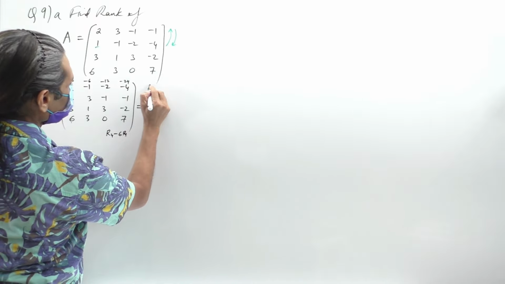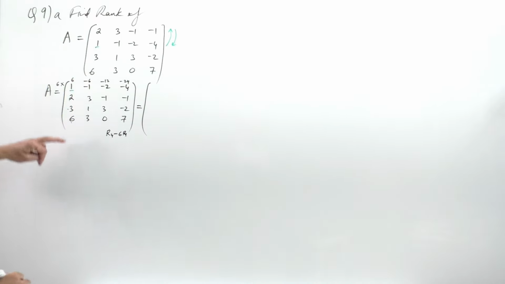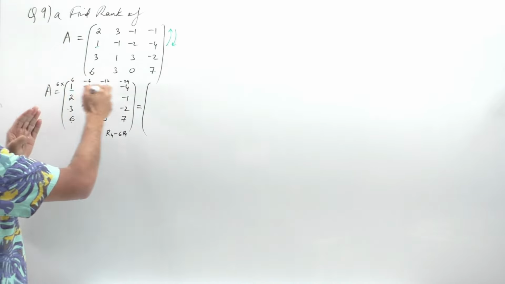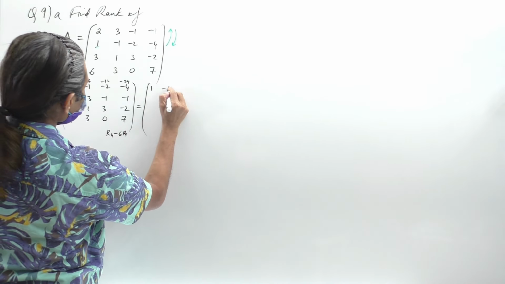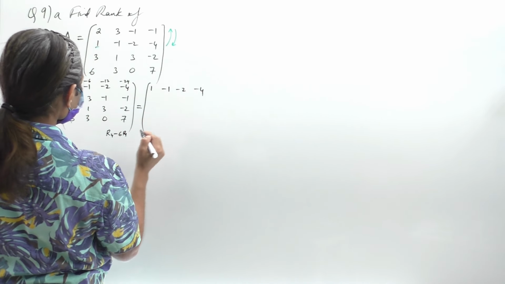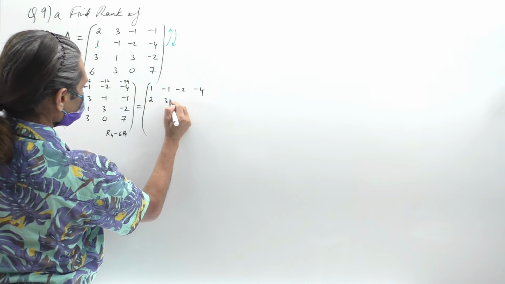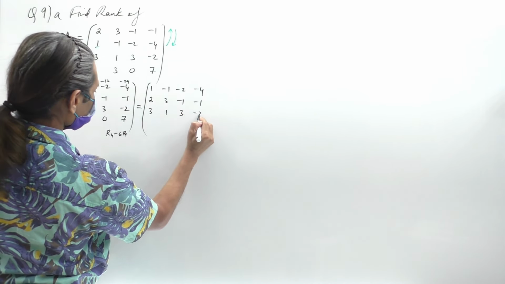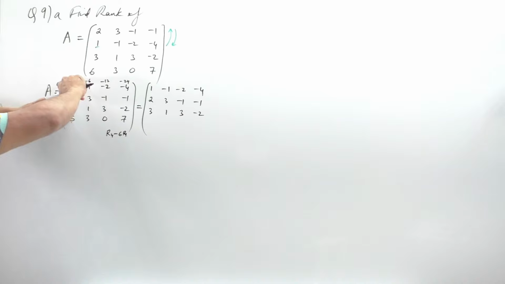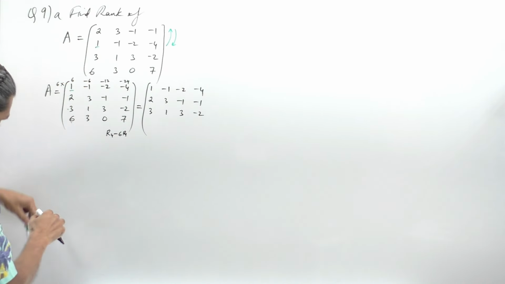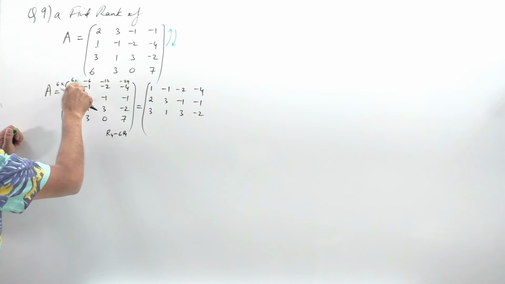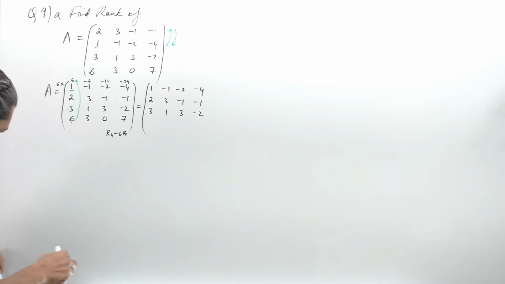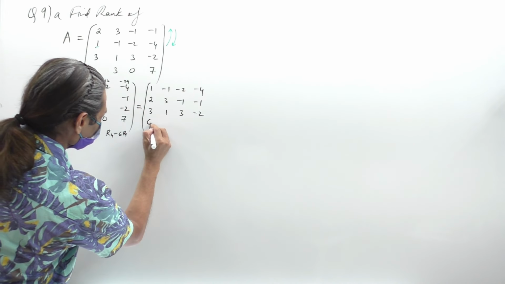So this will be equal to: the first row remains as it is, 1 minus 1 minus 2 minus 4. Then 2 3 minus 1 minus 1 as it is. Then 3 1 3 and minus 2 as it is. Now 6 minus 6, I have to make this 0, right? 6 minus 6 is 0.